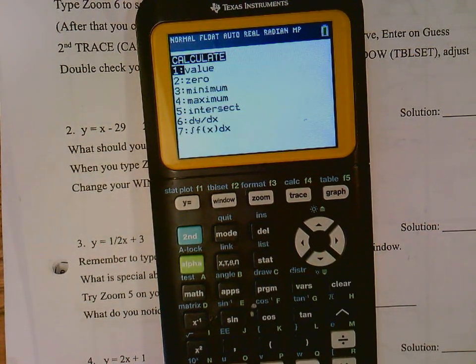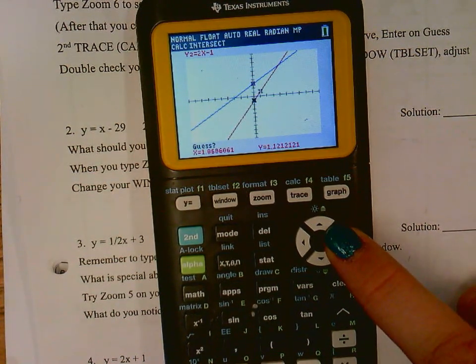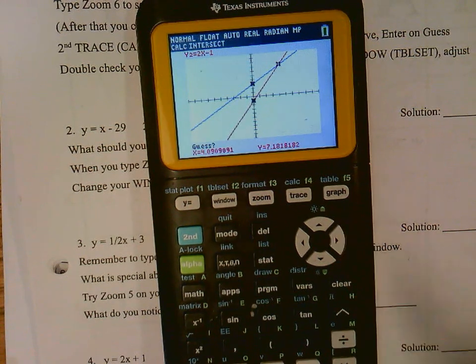You're going to choose number 5. And then see how your cursor is blinking on the blue that says first curve. So you're going to hit enter that yes, this is the line of interest. Then the cursor will be blinking on your second curve or your second line. So you hit enter. And then you move your cursor close to where you think the intersection is.